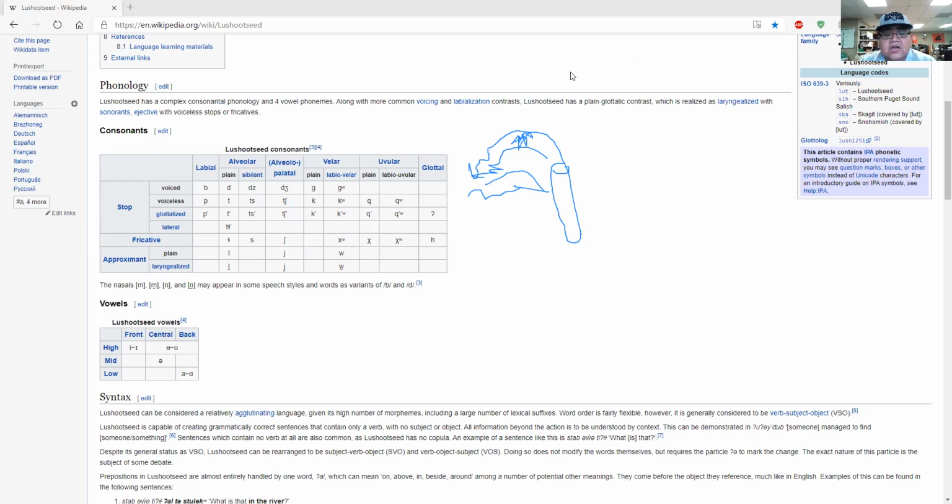This box, that's what this box represents. So you just go around and try to make those sounds where these boxes are. Fricatives, we do have some.